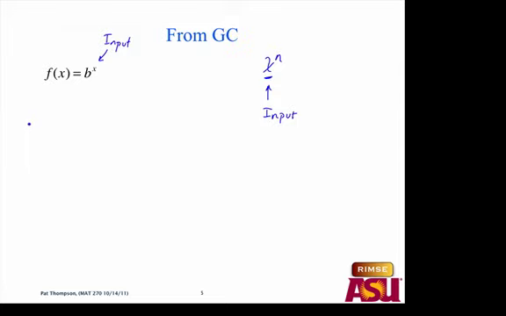Rate of change of f with respect to x is equal to, I wanted power rule. Well, but it's totally different. So that's the point. Power rule is only when the input's the base. Now our input is the exponent. How do we start?